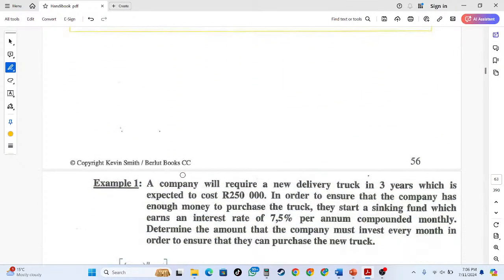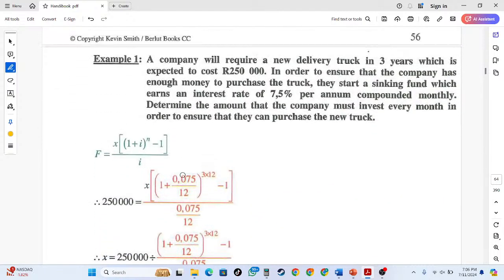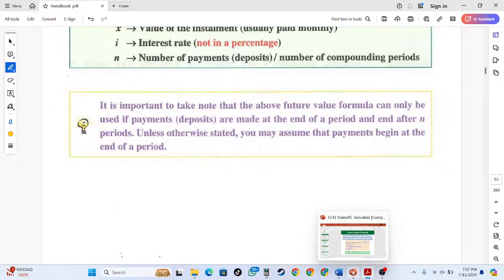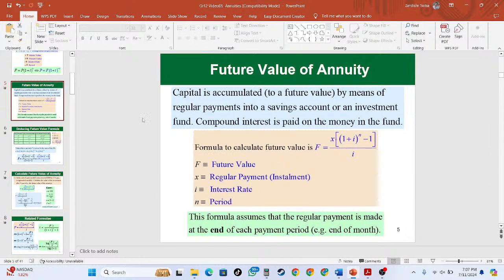Let's get an example. I wanted to do an example. I'm not going to do this one, but I want to do an example from the PowerPoint because it was explaining the same thing.